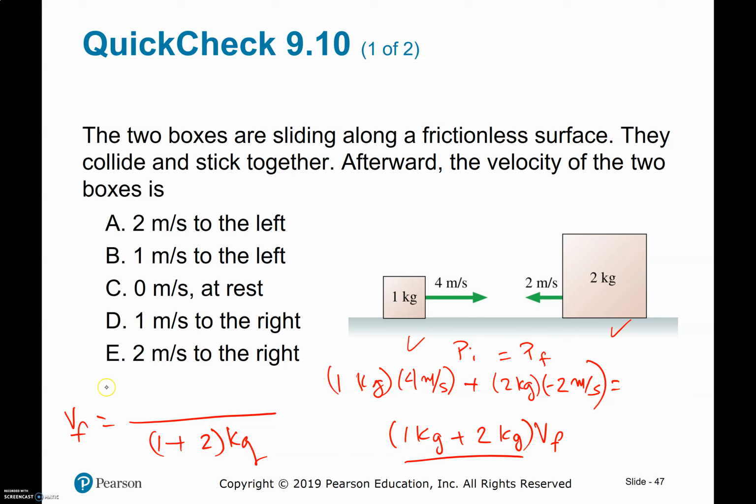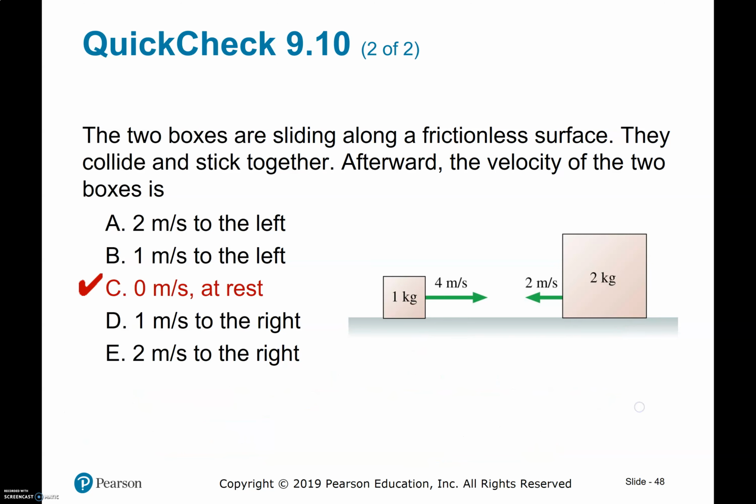And on top, you're going to get 4 minus 4 kilograms meters per second. And so those two are going to be stuck together and they are not going to move. So this guy is going to come here, and eventually you'll have this object that is going to just stay there.